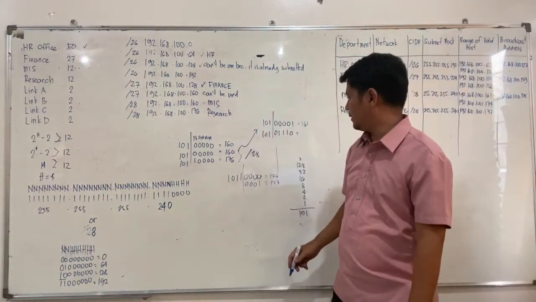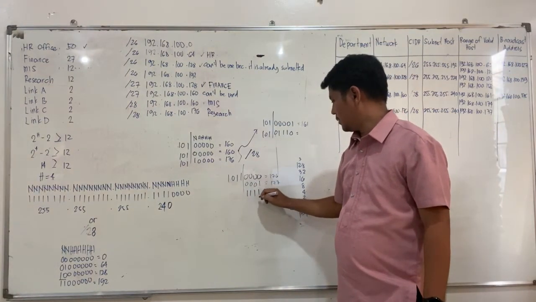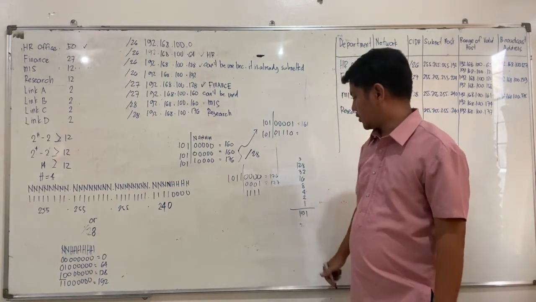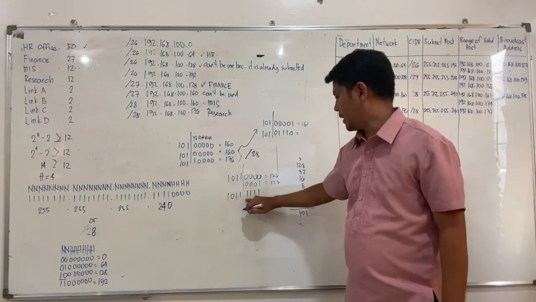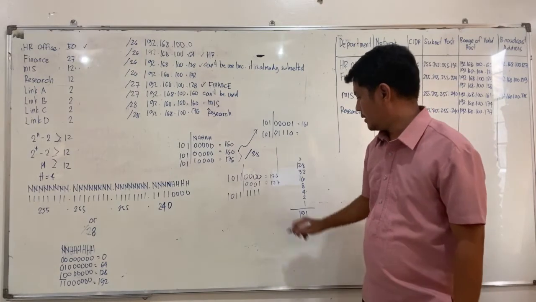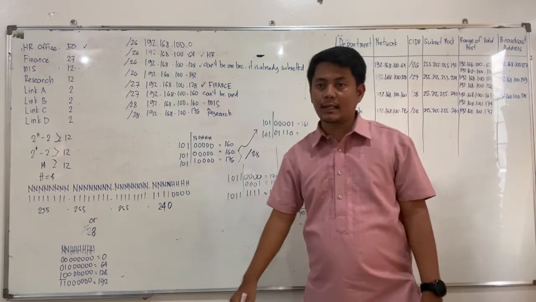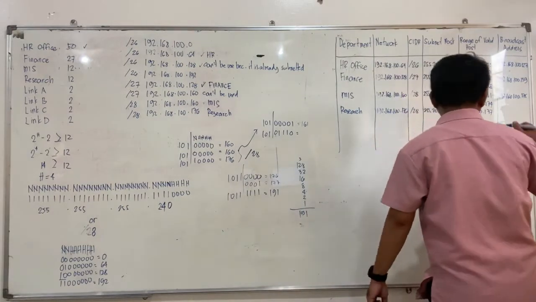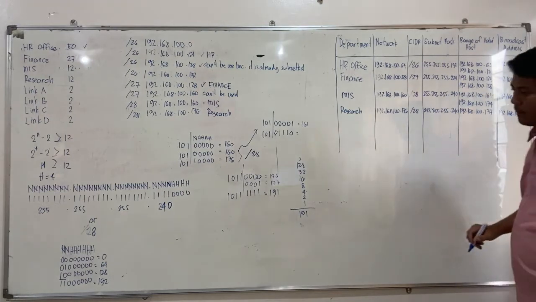If we convert all host bits to all 1s, this is our broadcast address. So 1011 plus this one is equivalent to 191. That is our broadcast address, 192.168.100.191.